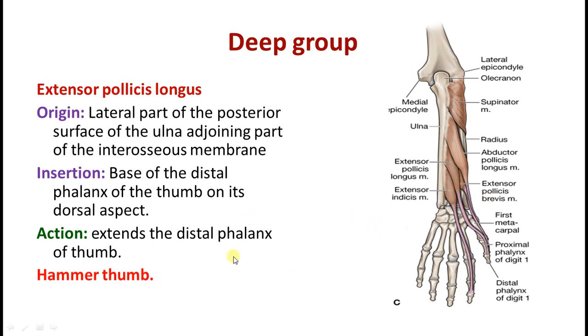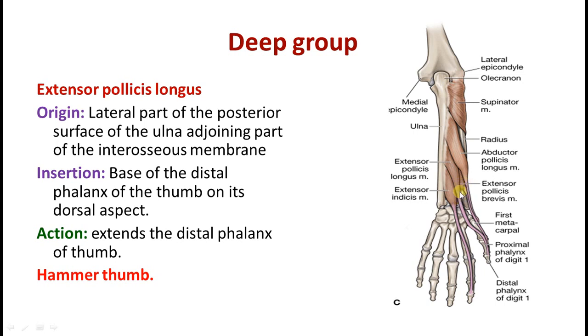So, what is actually hammer thumb? Hammer thumb occurs when there is a dislocation or fracture of the lower part of the radius. The fractured segment might compress the radial artery present at that region.